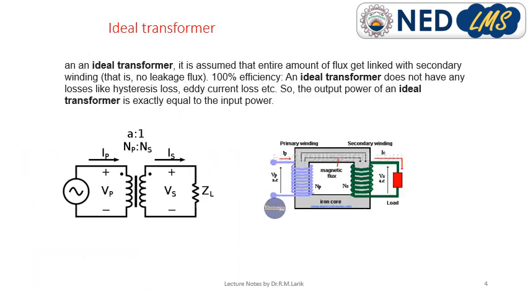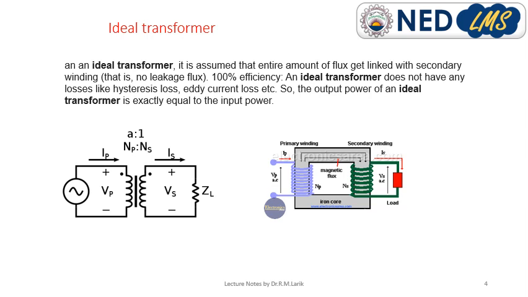So let's discuss the ideal transformer. An ideal transformer is one in which the entire flux of one winding links with the second coil. That means no leakage of flux. But in practice, yes, there is leakage of flux also. That means not 100% of the flux generated from one coil links with the other coil. There are some losses.